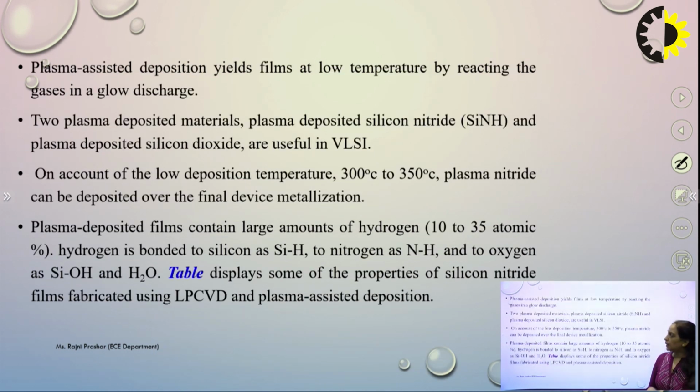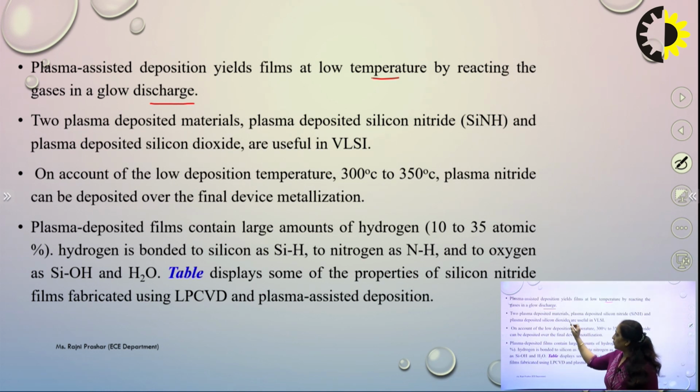So these plasma assisted deposited films will give you a good yield at a low temperature by reacting the gases in a glow discharge, in a plasma discharge. Right? We already know that plasma is created when a gas is kept at a very low pressure, then it will create a plasma.